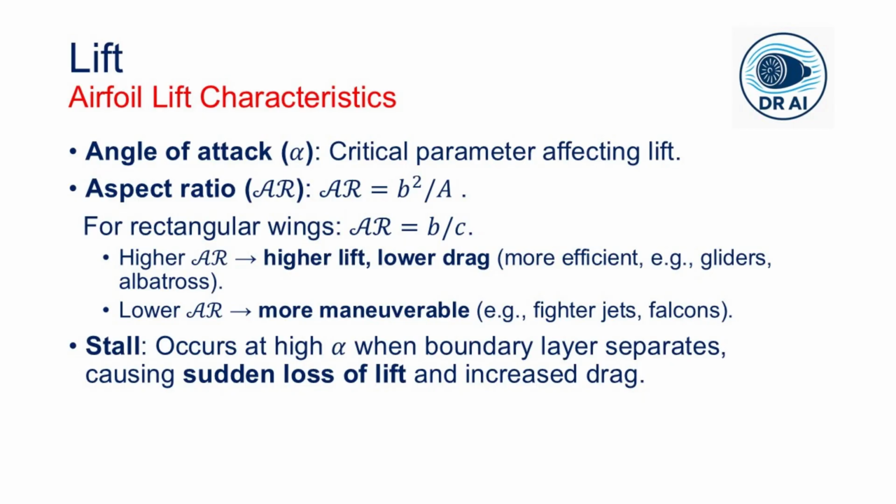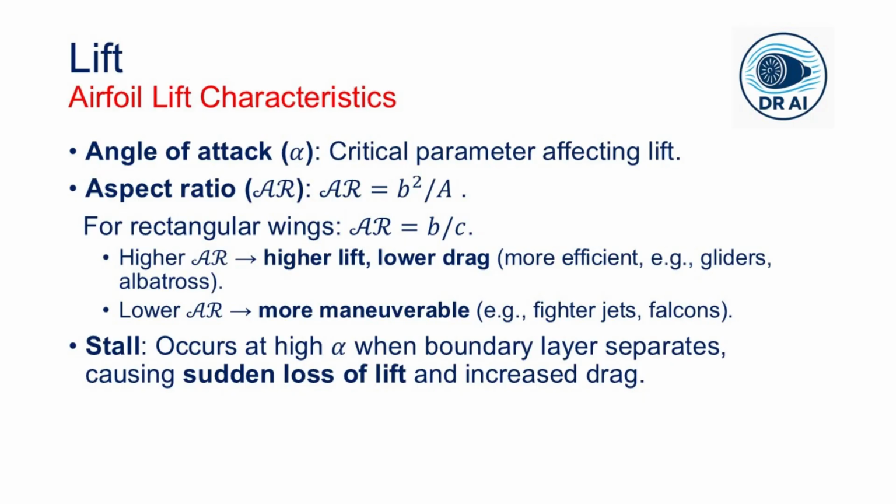This pressure difference causes the air to leak around the tip, creating swirling vortices that trail downstream. These trailing vortices contain kinetic energy that must be supplied by the aircraft's engines, manifested as additional drag.